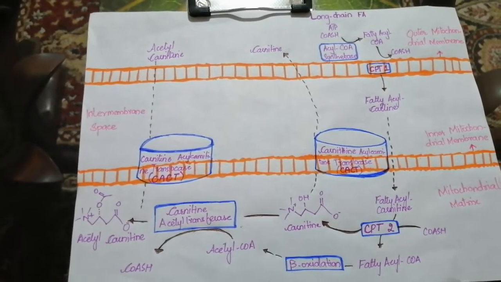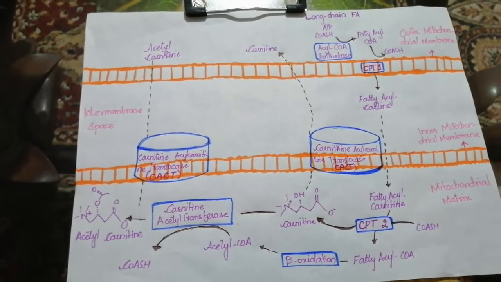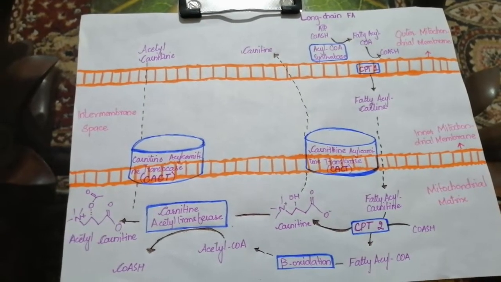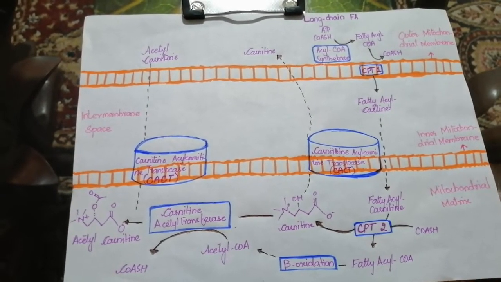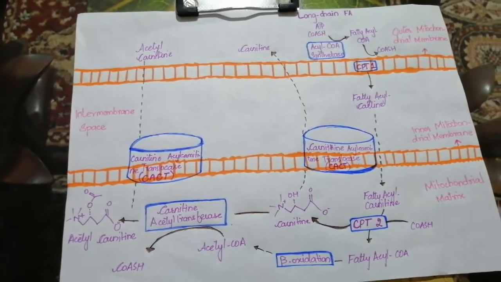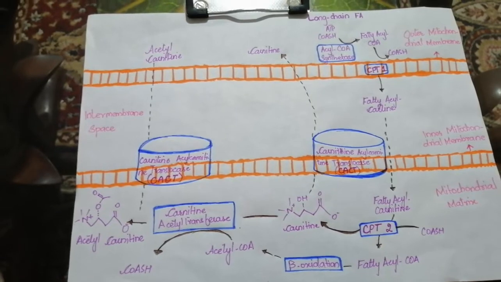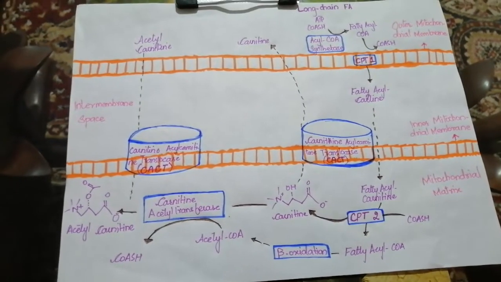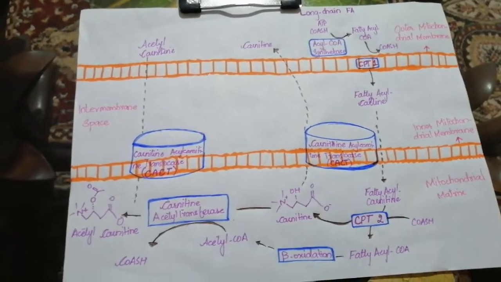Here the CACT is present. CACT is carnitine acyl carnitine translocase, which transfers the fatty acyl carnitine into the mitochondrial matrix.